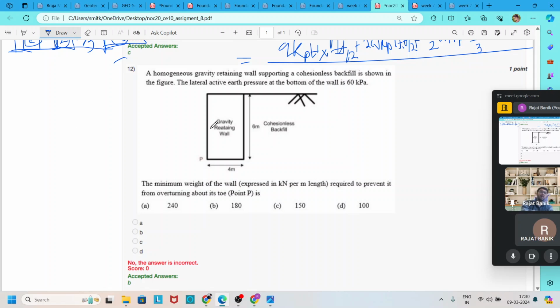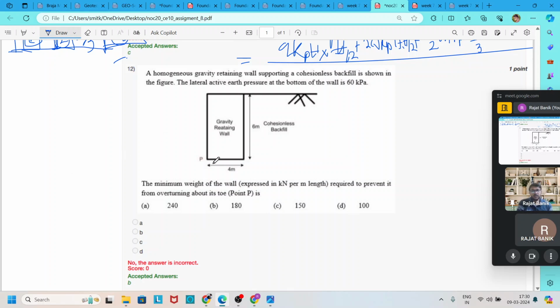The lateral active earth pressure at the bottom of the wall is 60 kPa. So find the minimum weight of the wall required to prevent its overturning about this toe.